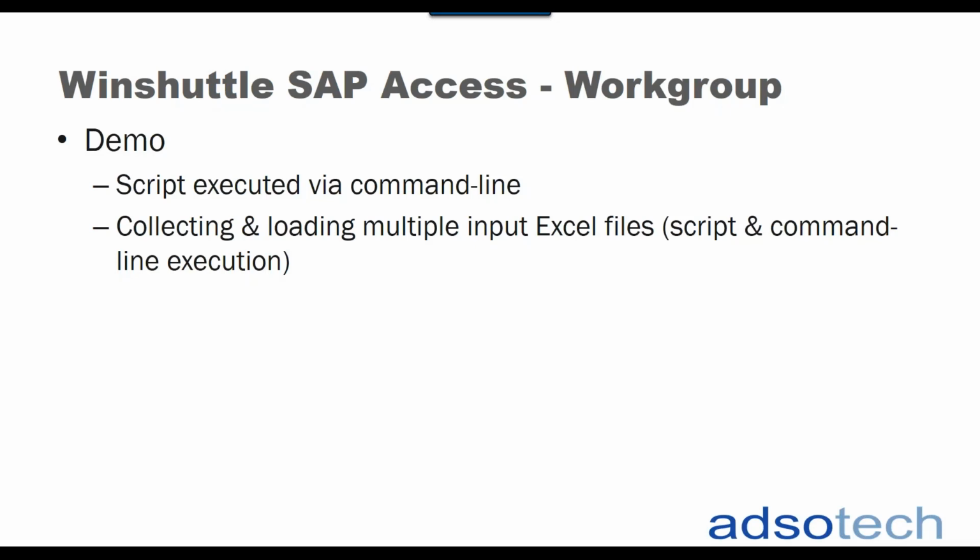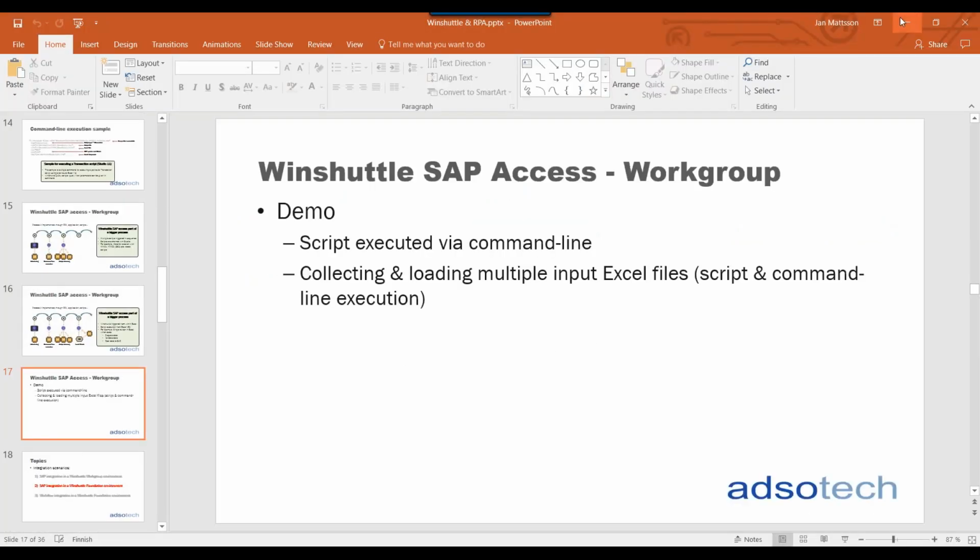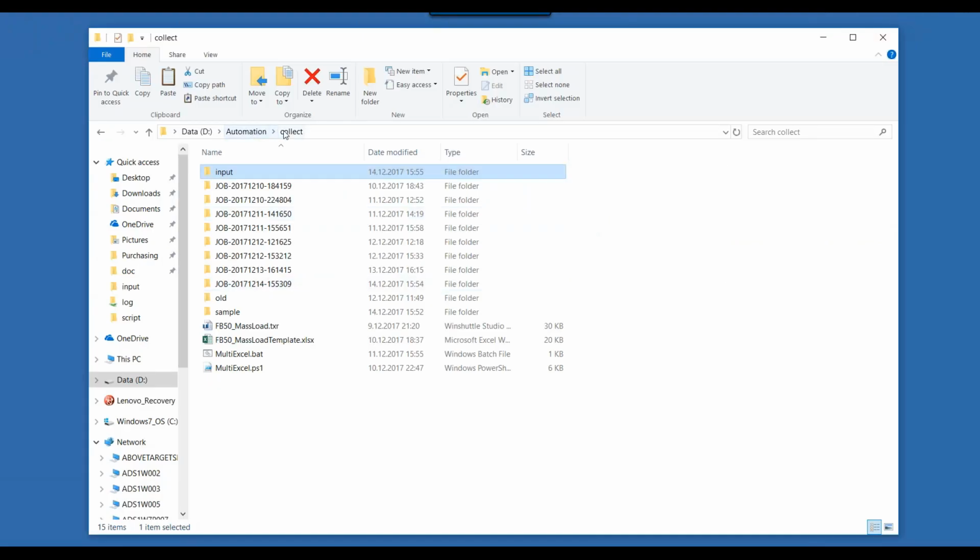It collects multiple input Excel files, and then we upload that to SAP. So we're basically taking all Excel files from one folder. That could be a network folder, for example, where you're collecting lots of files, and then at the end of the day, this will be loaded to SAP. So let's have a look at the demo at this point, and I'll start with the command line execution.